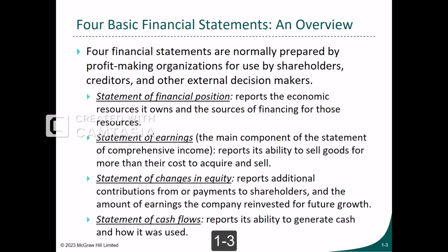The list of economic resources: cash, accounts receivable, equipment, land, buildings, with their amount, their book value, and also how all of these economic resources were financed: mortgage, bank overdrafts, accounts payable, tax payable, interest payable.